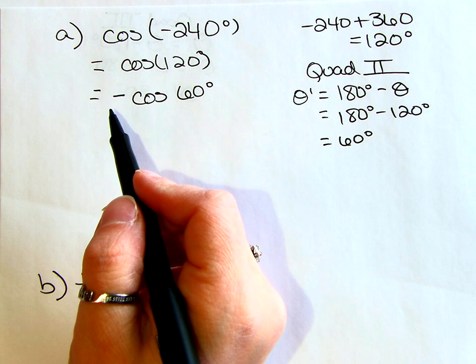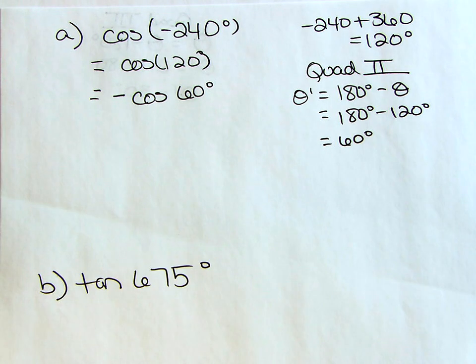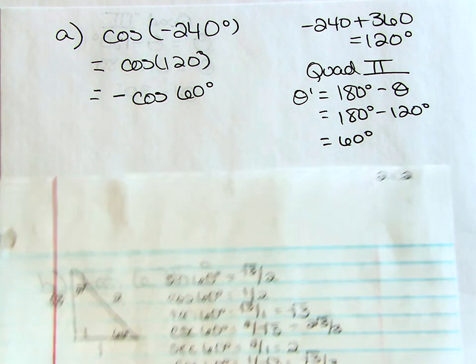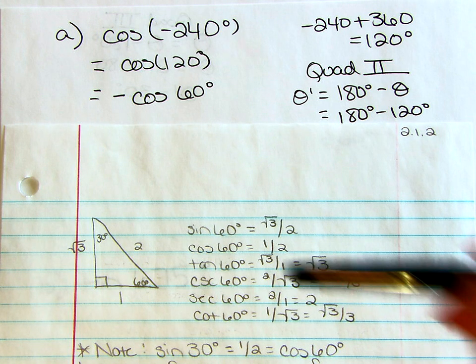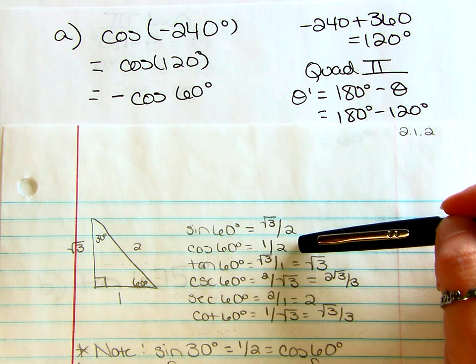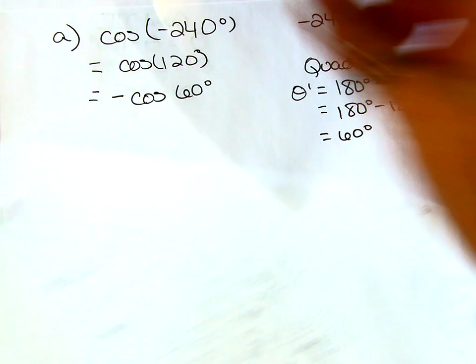Now, we do know our cosine of 60, or we can figure it out based on the notes from 2.1, where we had to find all the 6 trigonometric functions for 30 and 60. So cosine of 60 is 1/2. But I have that negative out there, so cosine is negative 1/2.